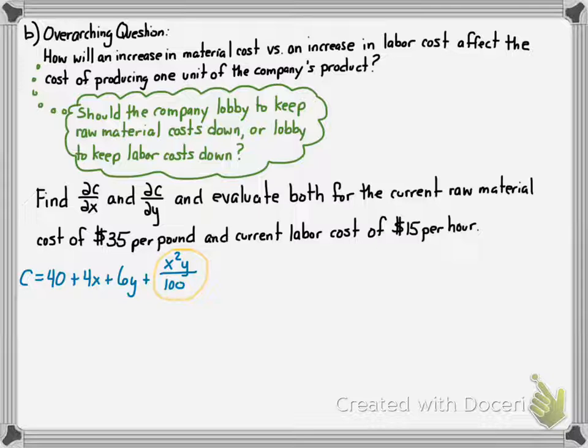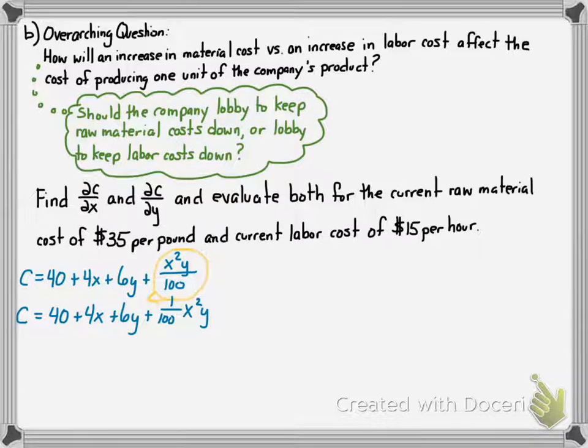The way that I can rewrite this term is by pushing that 100 to the front of the x squared y. If I do that, it's a number in front of the x squared y, but it's in the denominator, so I need to make sure that I have a placeholder in the numerator. So when I rewrite this function, I have 40 plus 4x plus 6y plus, and then when I push that 100 to the front, I have 1 over 100 x squared times y.